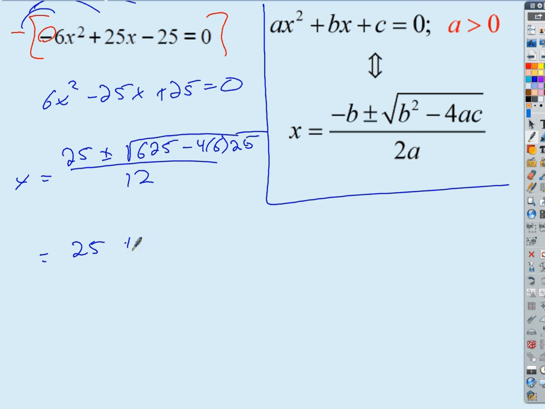Four times 6 is 24, right? 24 times 25 is 25 less than 25 times 25. Everybody gets that? So I get 25 plus or minus the square root of 625 minus 600, which is 25, over 12. The square root of 25 is what? There you go.